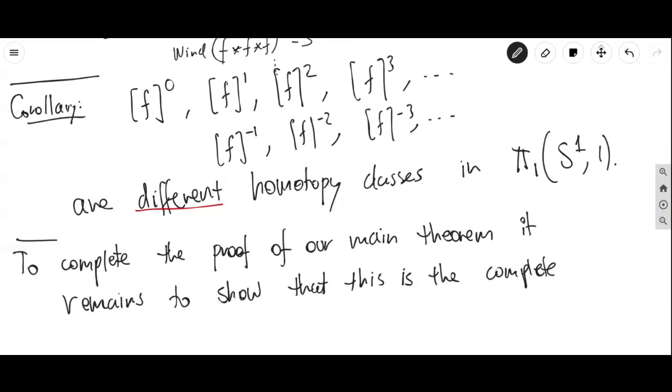We're not leaving anything out. This is a complete list of all homotopy classes. So they're all different and there's nothing missing. And then therefore we see it's isomorphic to the integers, homotopy classes. So to complete the proof of our main theorem, it remains to show that this is a complete list of all homotopy classes.